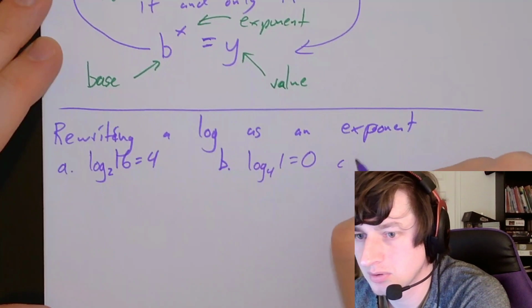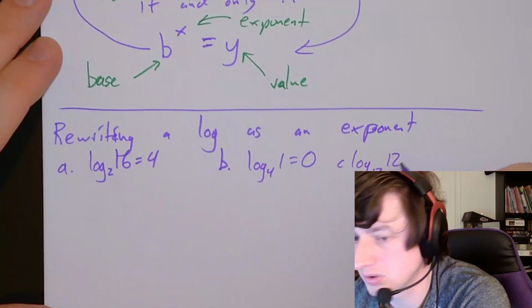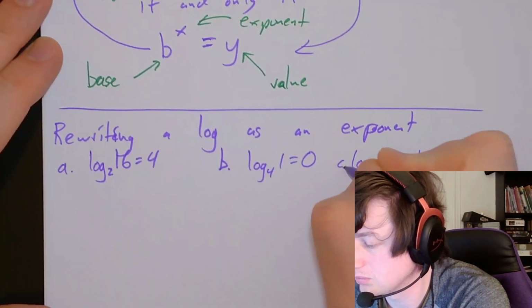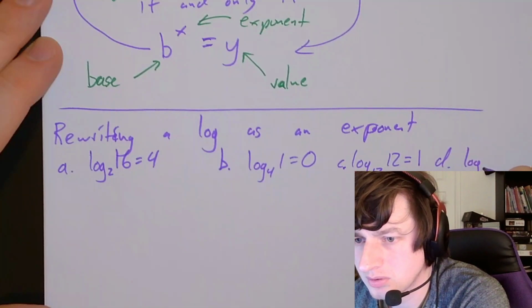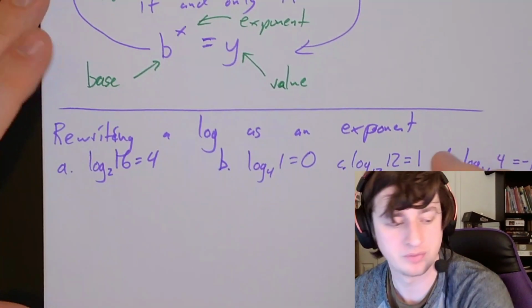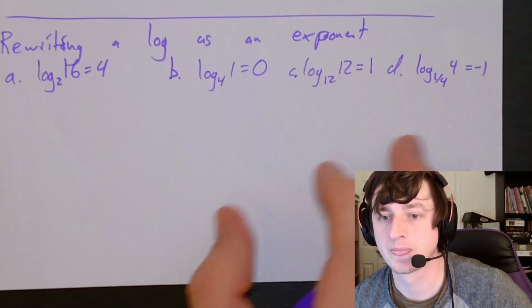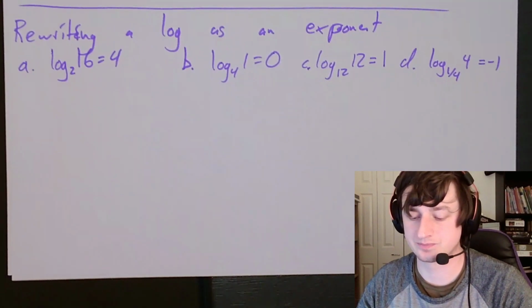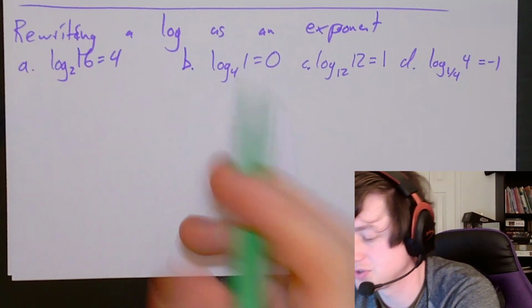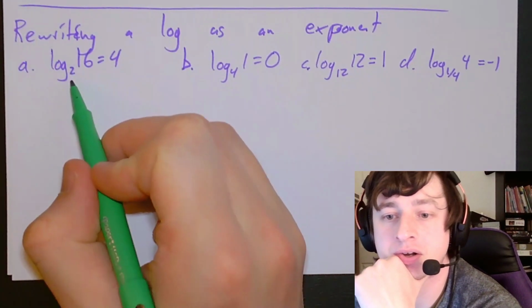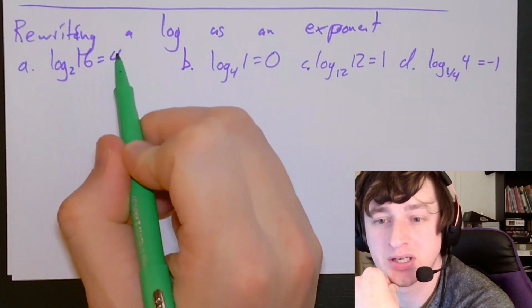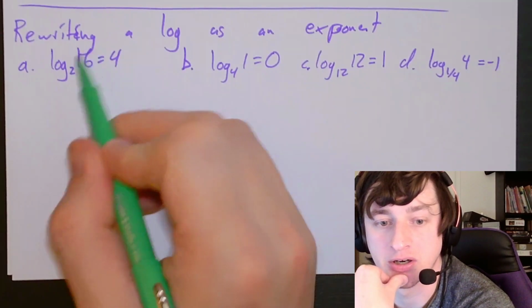Log base 12 of 12 is 1. Log base a quarter of 4 is negative 1. So all of these are saying, let's interpret the log. All of these are saying if I have a base of 2, what exponent do I need to get the value here?